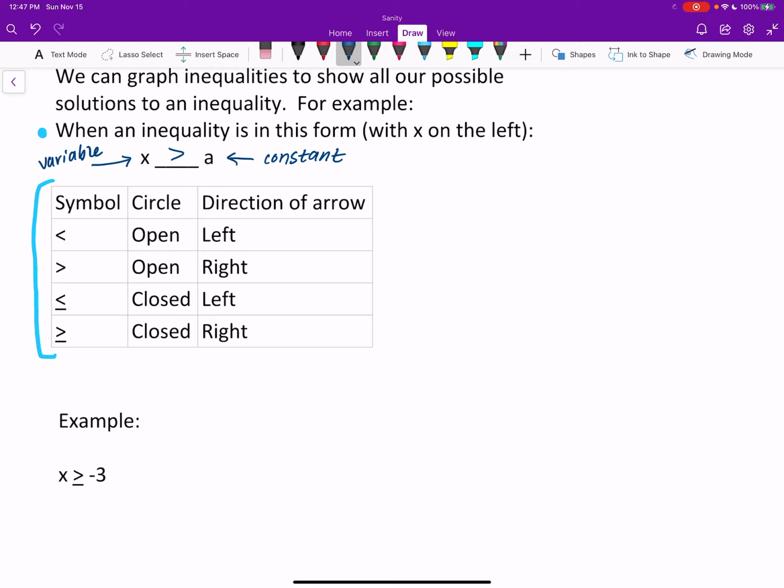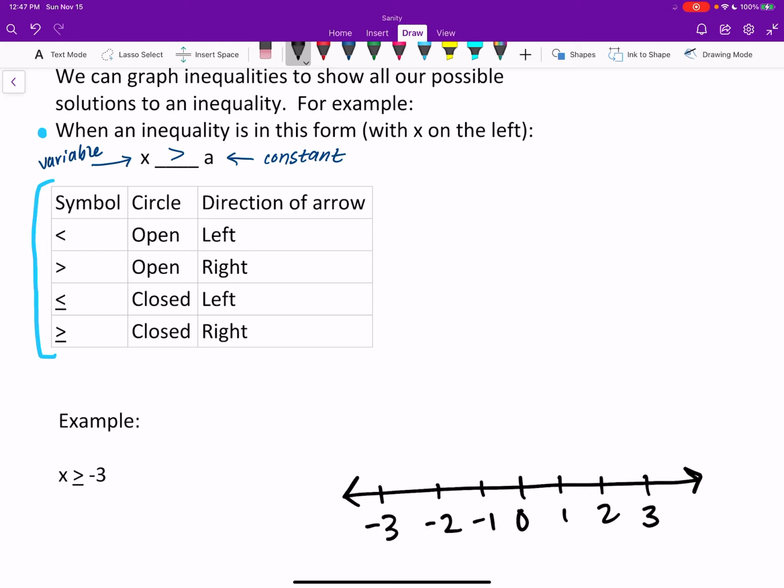So x greater than or equal to negative 3. When we graph a solution set, we're really just looking at a number line. These ones are pretty easy to make, so take a second, put one down in your notebook. We're just looking at a number line. I'll start with 0 because that makes it easy. If we're looking for all of the x values that are greater than or equal to negative 3, I'm going to find negative 3 on my number line.